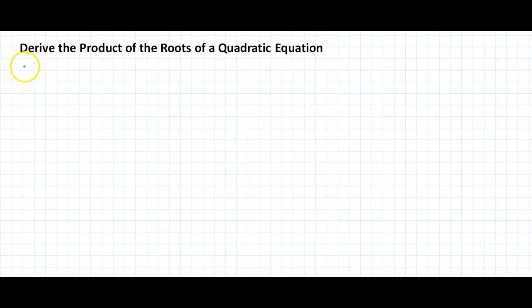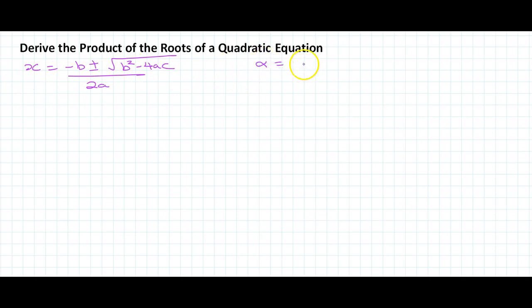So now, how do we go about finding or deriving the product of the roots of a quadratic equation? We start off with x equal to negative b plus or minus the square root of b squared minus 4ac over 2a. Let's assume that the first root is alpha.